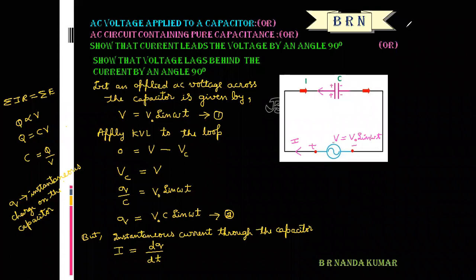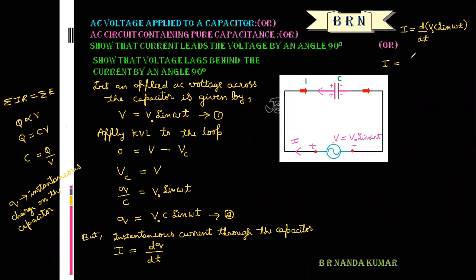So I is equal to d by dt of q, where q is V naught C sine omega t. While differentiating, the constant term is taken outside.